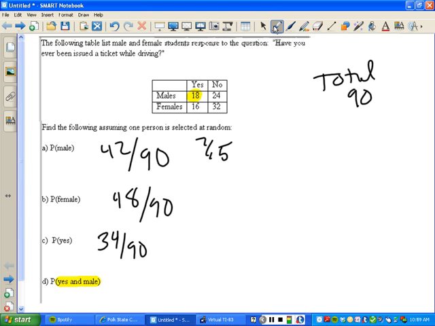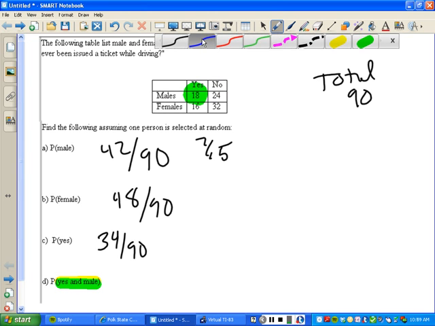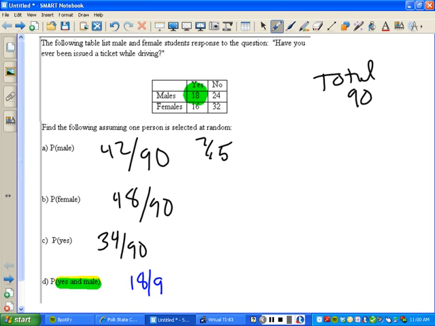This one over here is a male, but they said no. So that's not what we want. We want yes and a male. So we're going to say it's 18 out of 90.